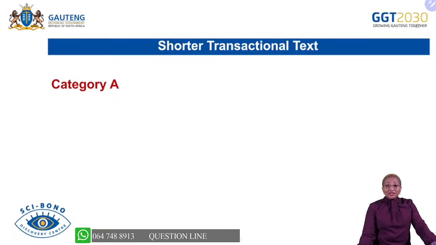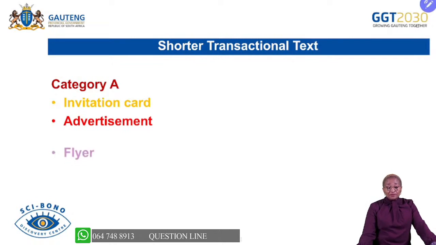Let's now have a look at category A, which has an invitation card. We also have an advertisement. We do have a flyer, and lastly, we have a poster. These four transactional texts make up category A. And only one question will be asked from this category.